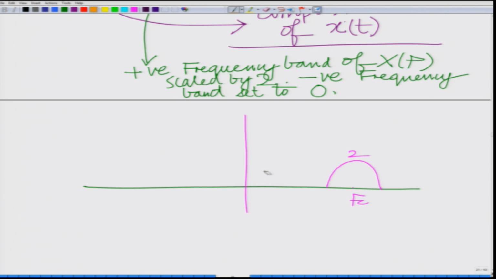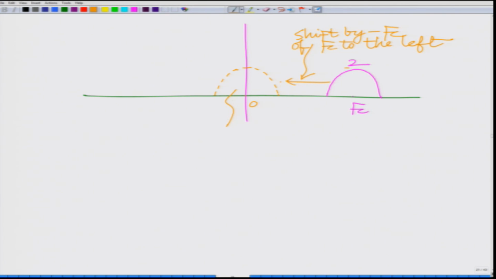If I take this and shift it by minus Fc, that is, shift by minus Fc or Fc to the left, this will be a complex baseband spectrum.